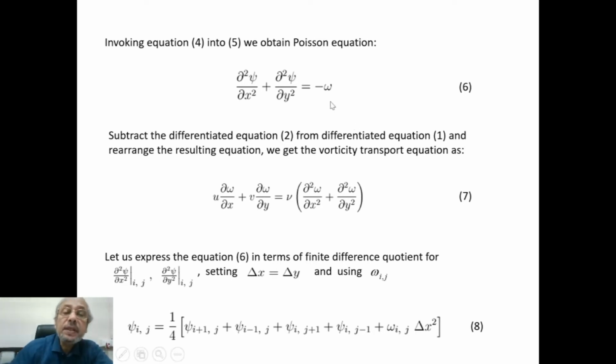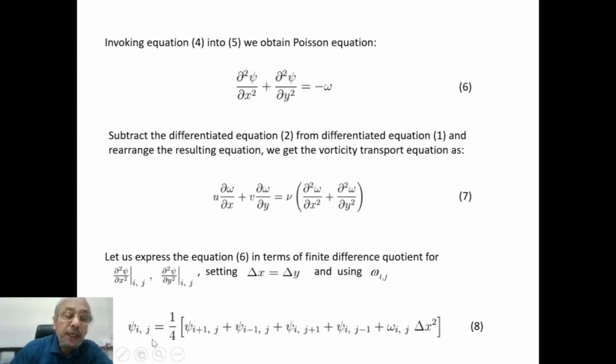And then since we are discretizing at the point i j, this omega value we take as omega i j. And then we try to find out expression for psi i j. You are, I think, confident now. When you do central difference, it is psi i plus 1 j minus 2 psi i j plus psi i minus 1 j. Similarly, here also we get psi i j.